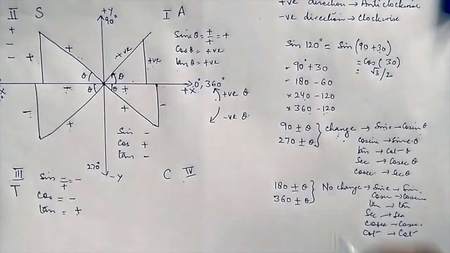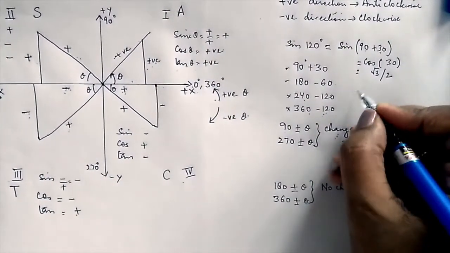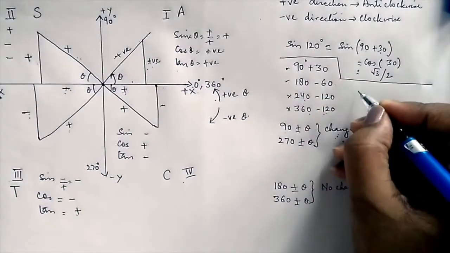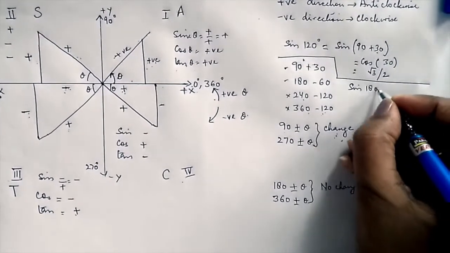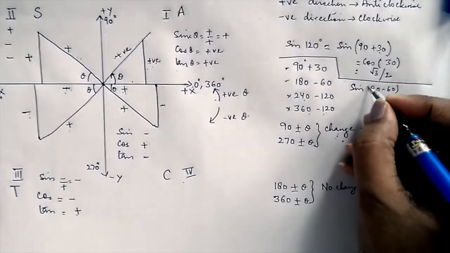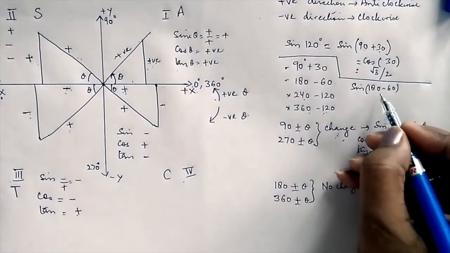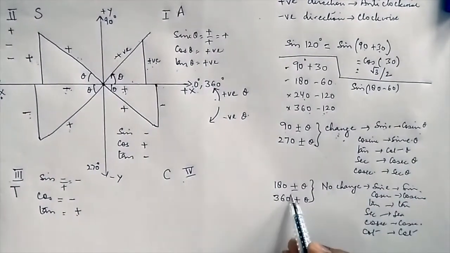Okay. Now supposing if I had used this one, I could also write, let's see, sine 180 minus 60. I'm still talking about sine 120 only. I'm using 180 minus, that means I fall in this category.